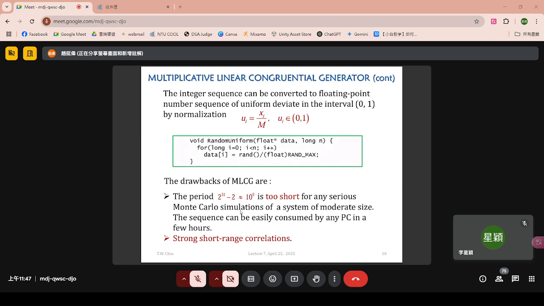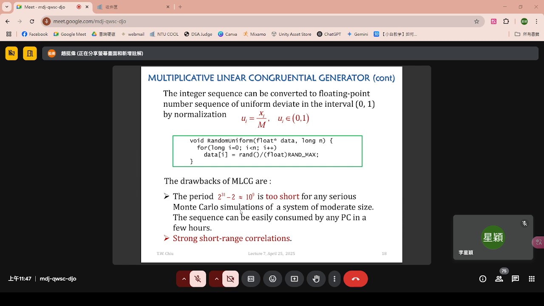You want a very long period. You need many different random numbers for your simulation. But once you repeat this sequence, you are not doing the Monte Carlo simulation.